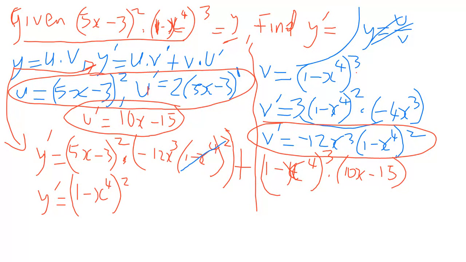I want to see if there's any other thing I can take out. I don't think so. So for now, I am going to bring down this. So I have minus 12x cubed, and then I'll also multiply by 5x minus 3 all squared.